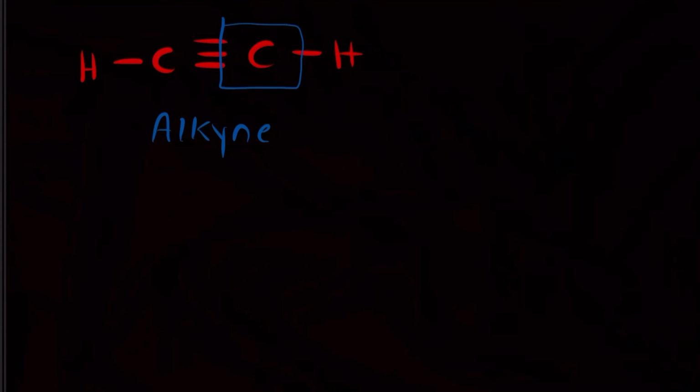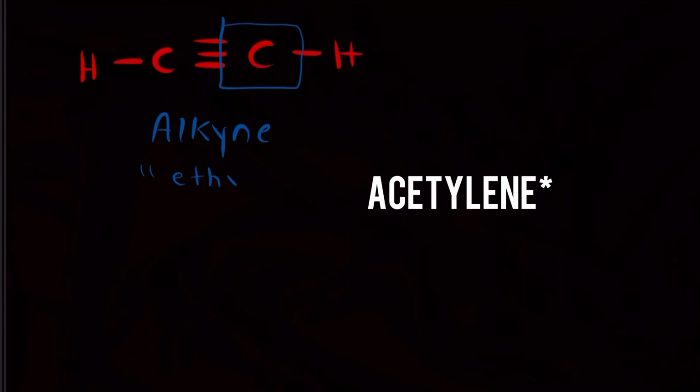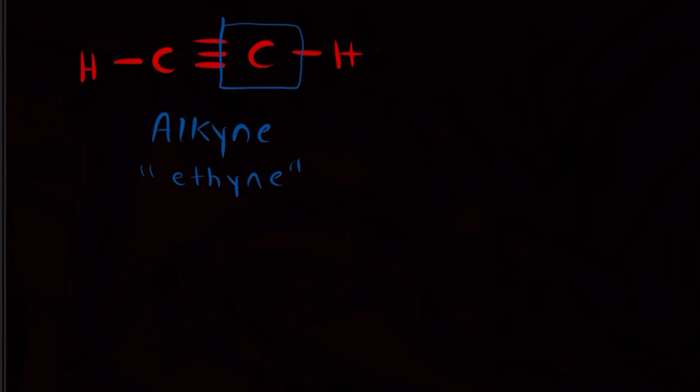Alkynes have triple bond characteristics, and this would be called ethyne. Okay, now let's get into the most important part. How many different things is this carbon attached to? We have 1 hydrogen here, and then it's attached to this whole thing here. So it's attached to 2.